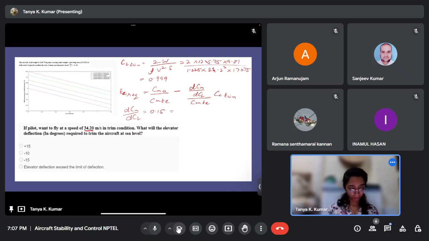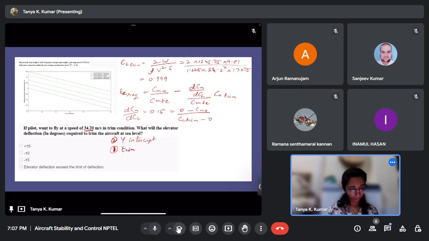So you take the values of Cm and CL at those points. Slope is y2 minus y1 by x2 minus x1, so Cm minus Cm naught by CL trim minus 0.